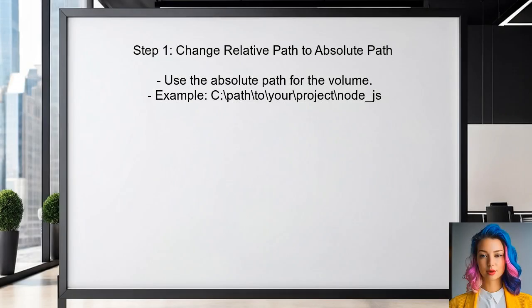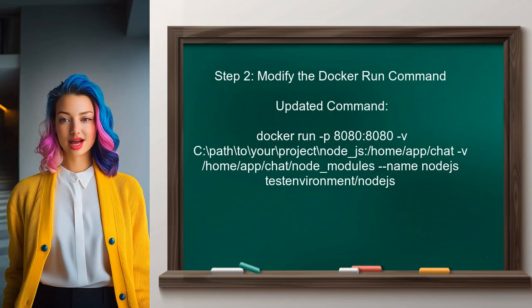To resolve the volume error, the user should first change the relative path to an absolute path. This is necessary because Docker on Windows requires absolute paths for volume mounts. Next, the user needs to modify the Docker run command. Instead of using ./node.js, they should replace it with the absolute path they just determined.